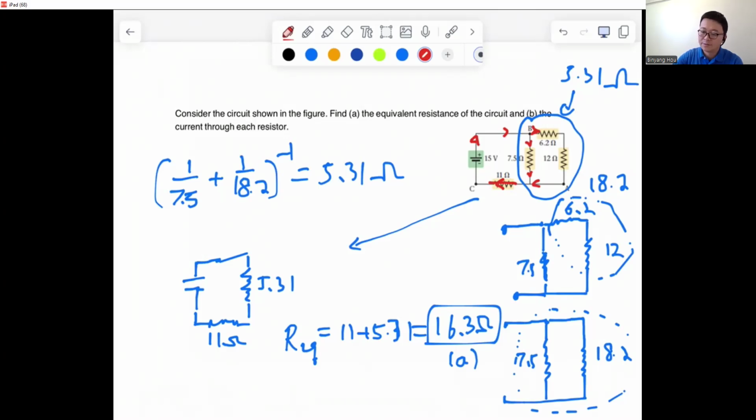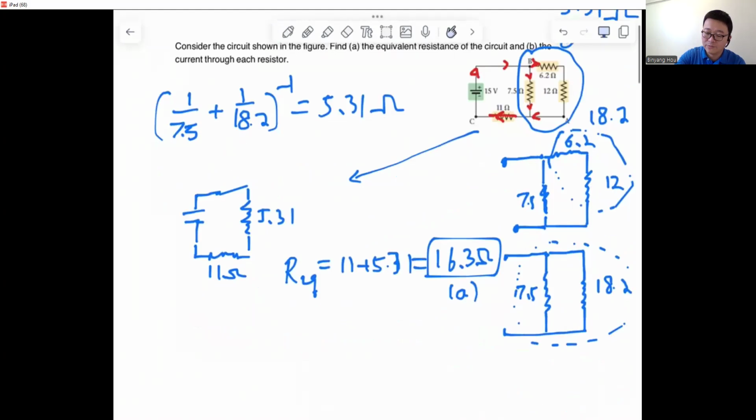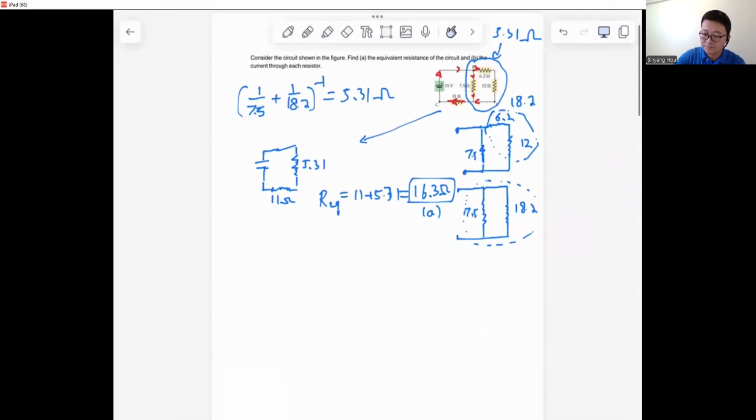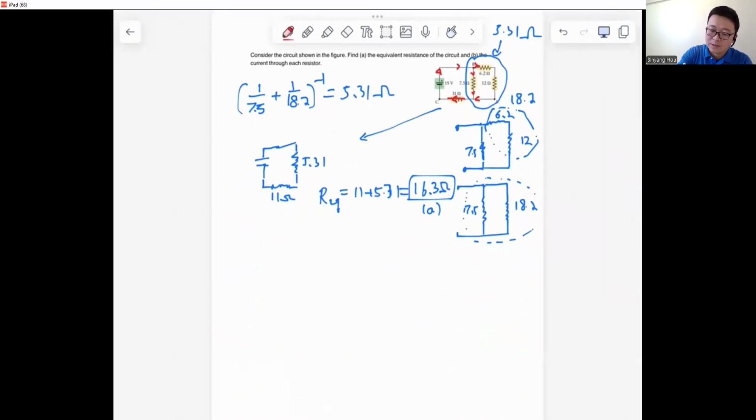So in this case, for the current, we can find out the current for the whole circuit. Okay, so for the whole circuit, in part B here, I is equal to just the voltage from the battery divided by the Req of the whole thing.